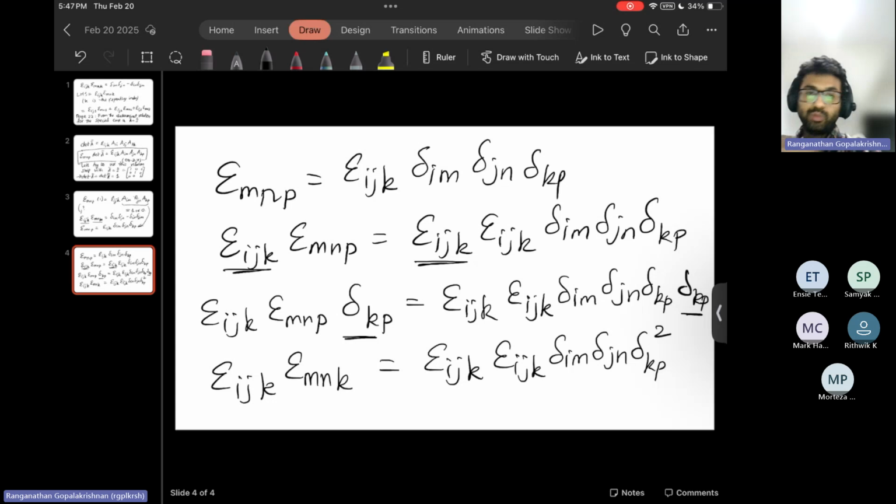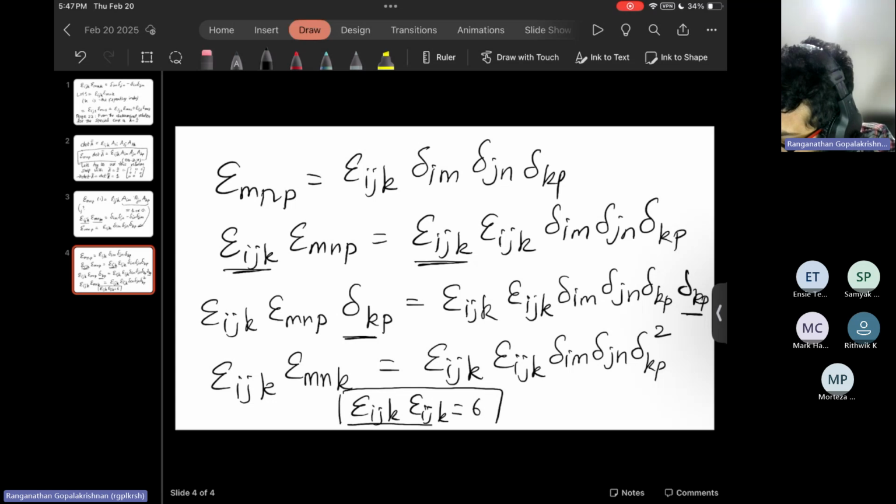Okay, now what do we do? Any thoughts? We did see a few other indices before. Delta ijk times delta ijk equal to 6. This is one of the identities we saw before. Okay, can we use that here?